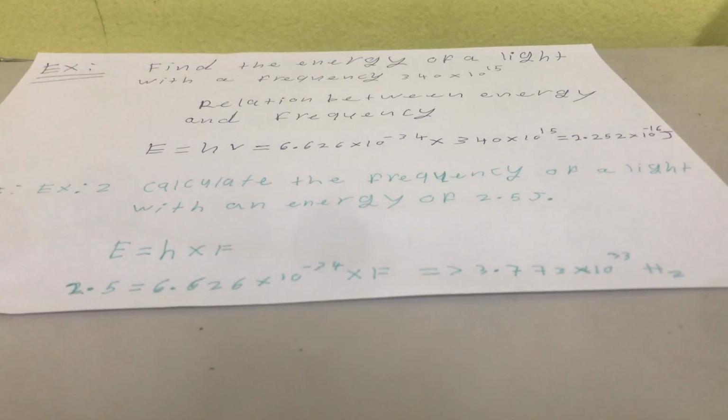Second example, calculate the frequency of a light with an energy of 2.5 joules. We apply the formula E equals H times F or V, doesn't matter.